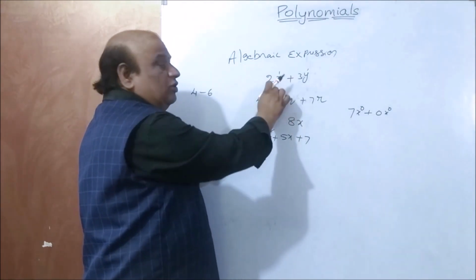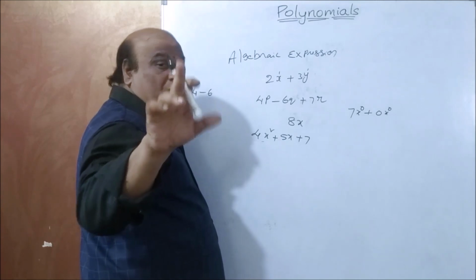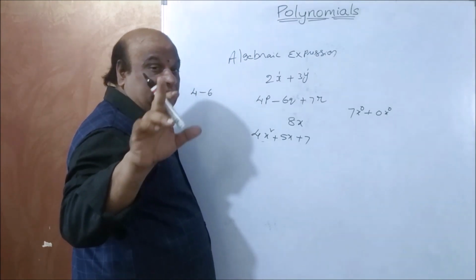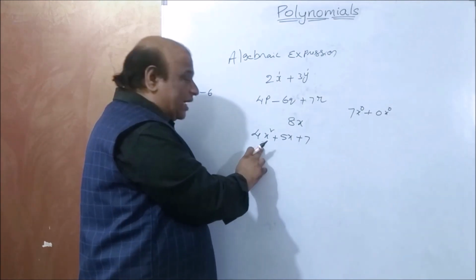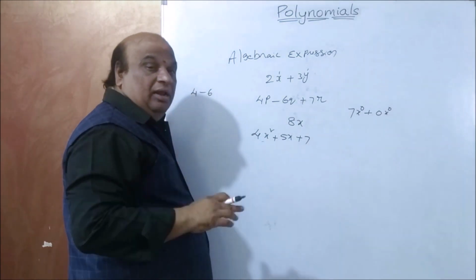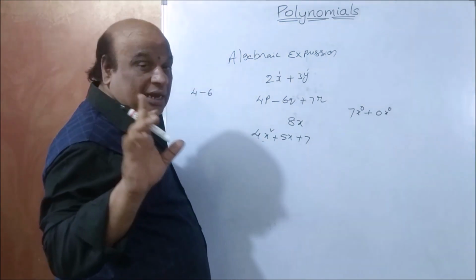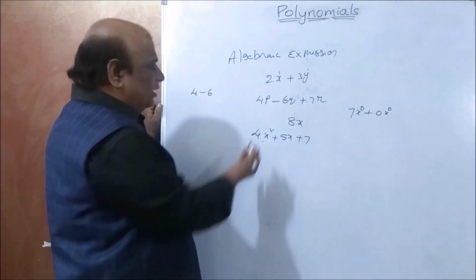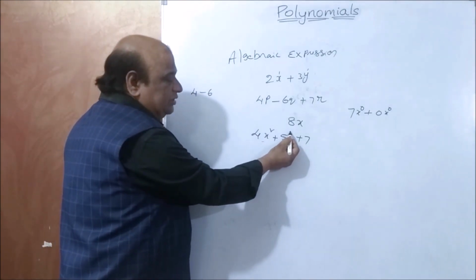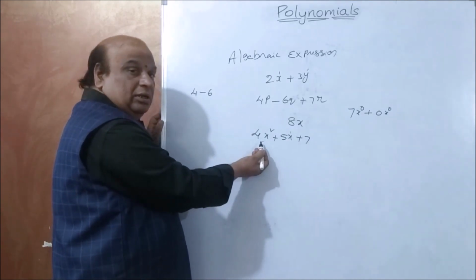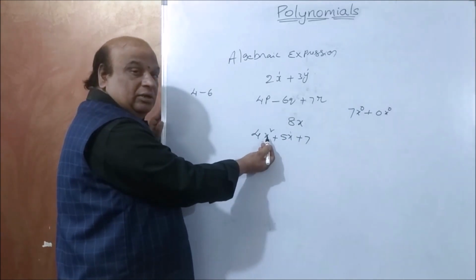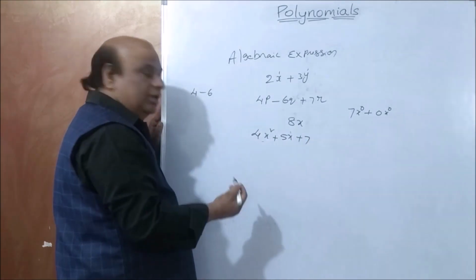It is a first degree binomial. It is a second degree trinomial. Here the power is 2, here it is 1. Which is greater? 2 is greater. So it is called second degree.